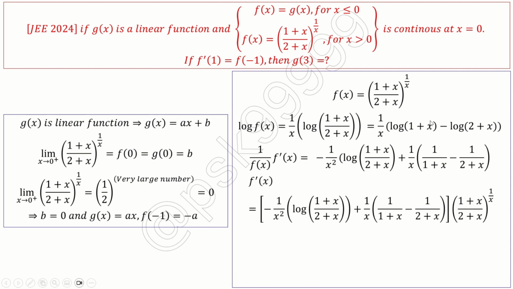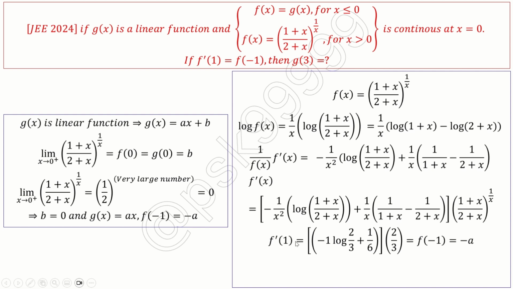Now my f dash x is nothing but this value, because f of x I am taking to the other side, so it is here. Now what I need is f dash of 1 only, correct? So I don't want to simplify this one, I just substitute 1. My f dash 1 is nothing but minus 1 log 2 by 3 plus 1 by 6 into 2 by 3.